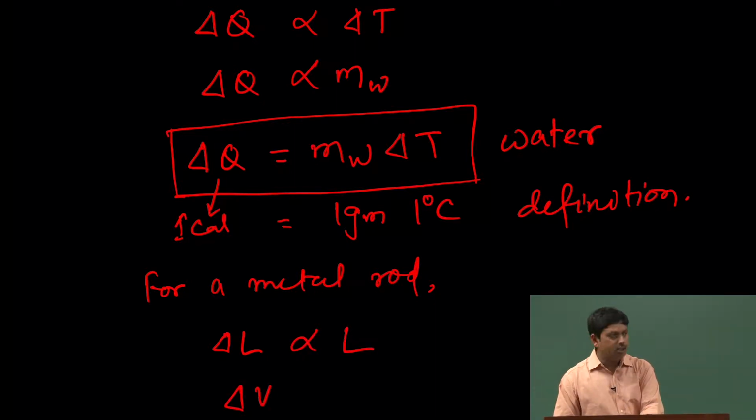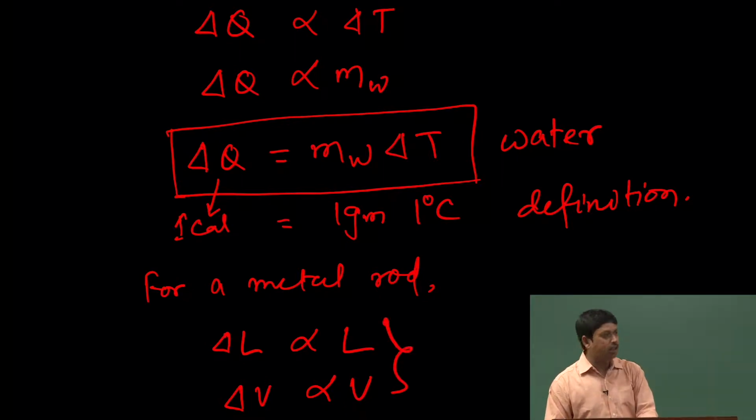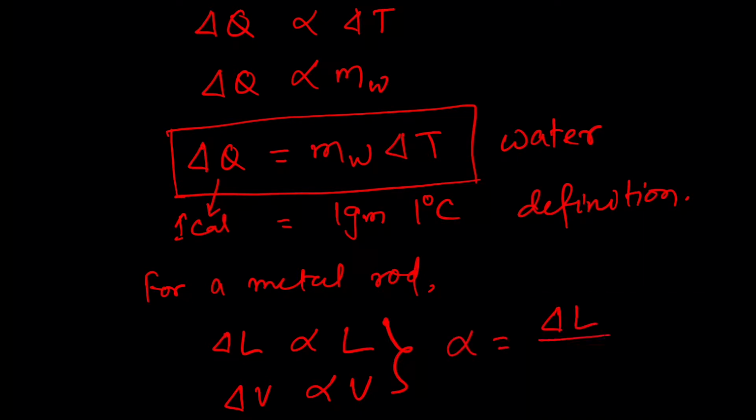Similarly, the increase of volume for a gas will be proportional to the volume. So, it turns out that there is some coefficient called the coefficient of thermal expansion, alpha, which is a material property for a particular material, that says how much expansion there is for a given value of the quantity.